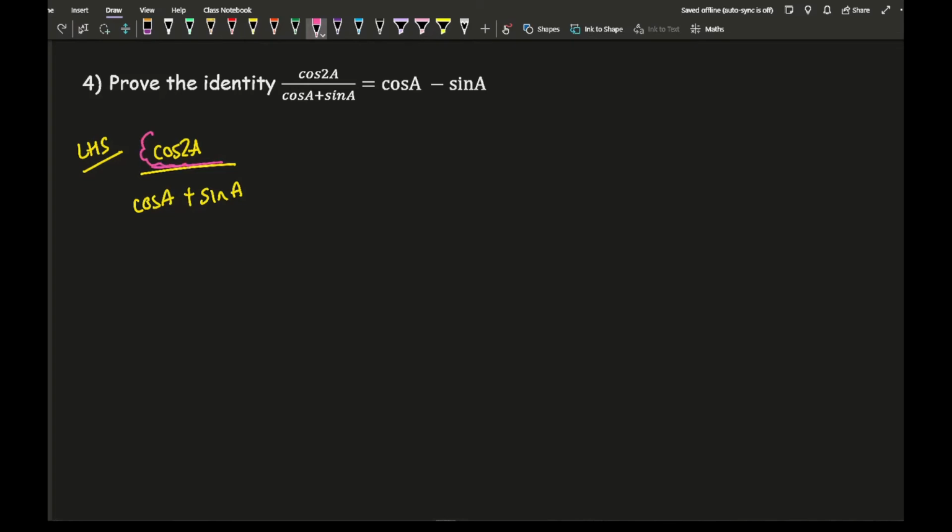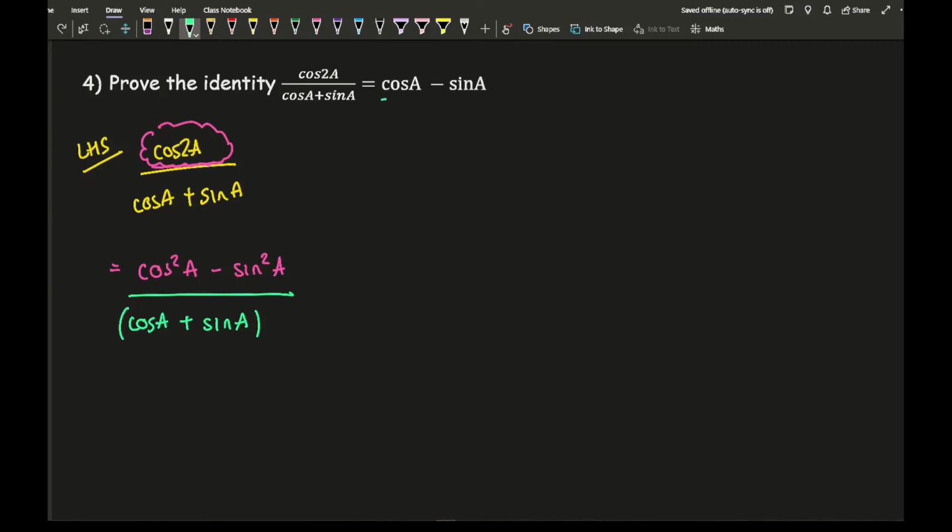So I'm going to change the numerator into a trig identity: cos squared A minus sine squared A over cos A plus sine A. Why have I used cos squared A minus sine squared A? The reason is that I'm noticing the difference of two squares.